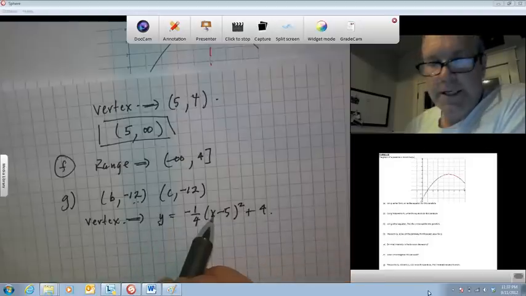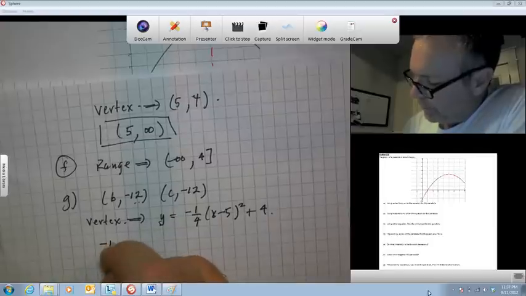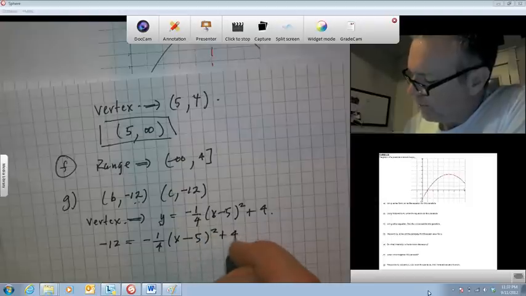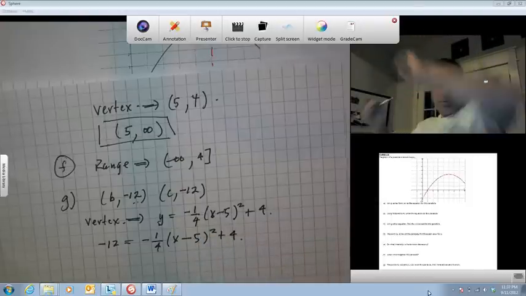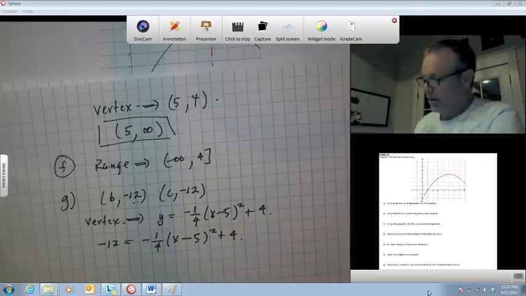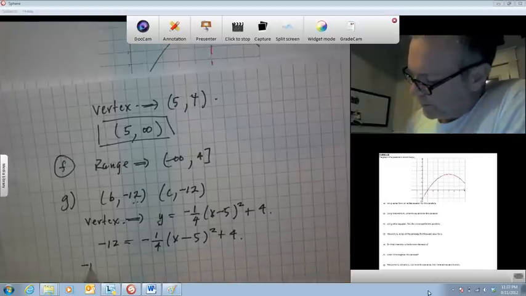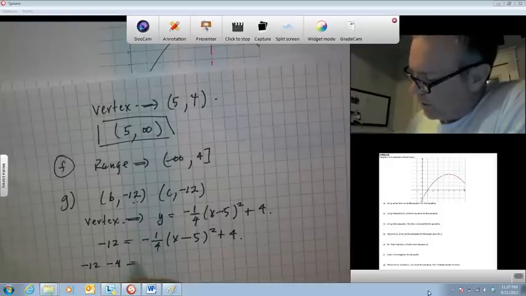And I just need to set that y equal to negative 12 right here, and then go ahead and solve for the x. It would be negative 12 is equal to negative 1/4 times quantity x minus 5 squared plus 4. And then go ahead and solve for the x.